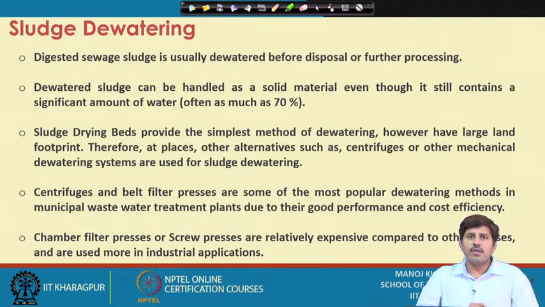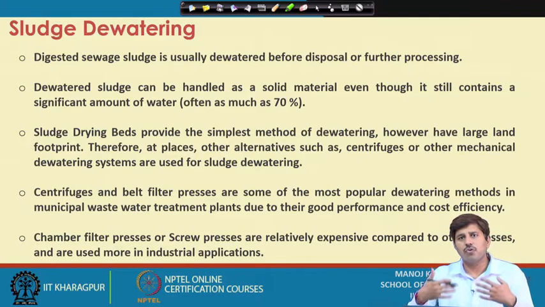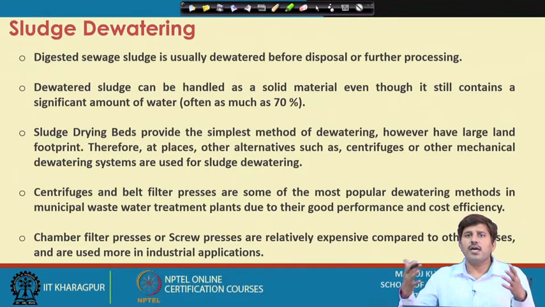The chamber filter presses are, again, very expensive, so typical municipal wastewater treatment plants do not go for these systems. They are used in large industries which can afford such systems.